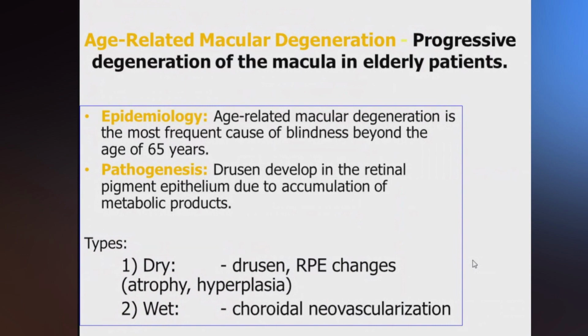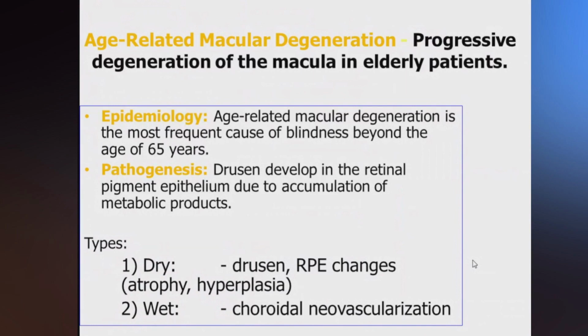Age-related macular degeneration is the most frequent cause of blindness beyond the age of 35. As for the pathogenesis, drusen develop in the retinal pigment epithelium due to the accumulation of metabolic products. We divide age-related macular degeneration into two types, dry and wet.